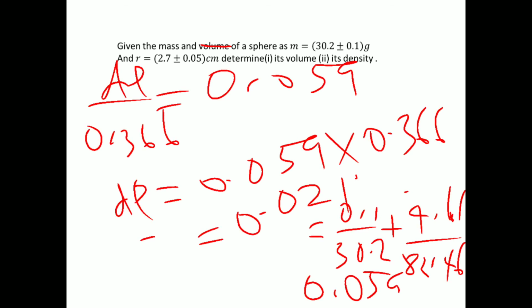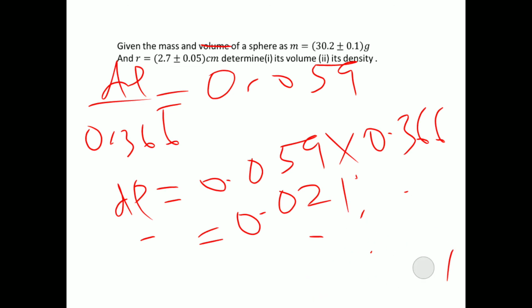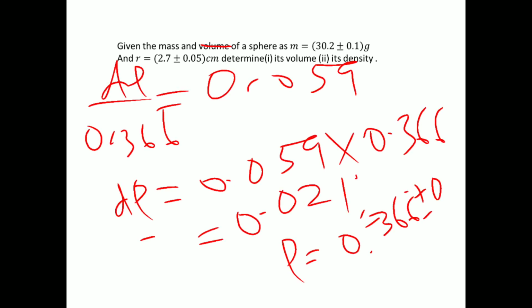So that means I can state that the value for my density is 0.366 plus or minus 0.021.